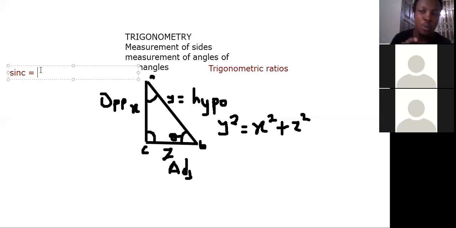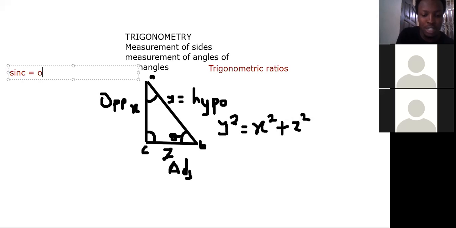The SOH means sine is opposite all over hypotenuse. The CAH means cos is given by adjacent all over hypotenuse. And the TOA means tan is given by opposite all over adjacent. I hope you are getting it. So the S means sine is equal to the OH, opposite all over hypotenuse.